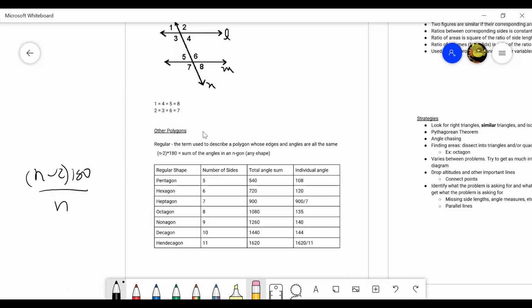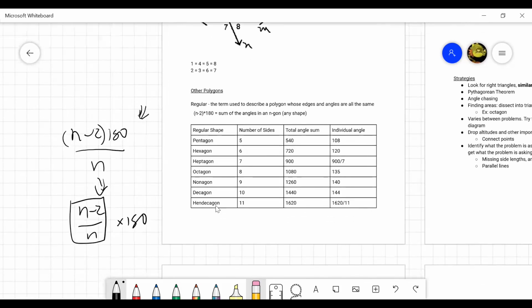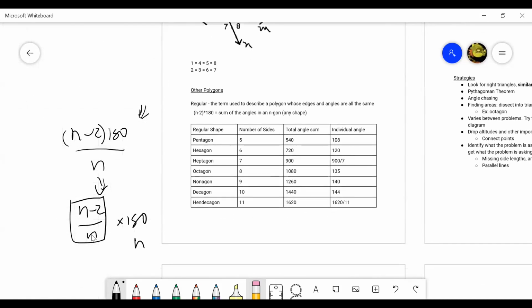Since 180 is a constant, it doesn't really affect the rate at which this would change as n changes, so this is just n minus 2 over n times 180. This n minus 2 over n fraction basically determines the angle. As n approaches infinity, we know that n minus 2 over n will approach 1, or the angle approaches 180.